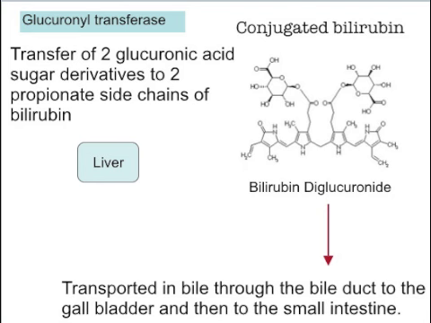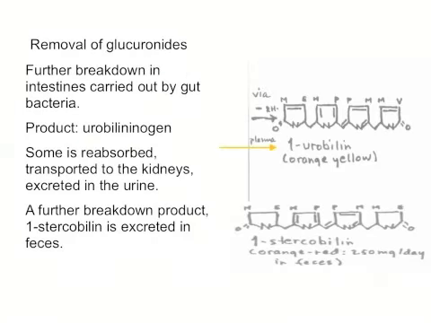This conjugated bilirubin is then transported in the bile through the bile duct to the gallbladder and then to the small intestine for further processing. Once in the intestine, the glucuronides are removed and further breakdown occurs through processes that are carried out actually by the gut bacteria. The product of this breakdown is urobilinogen.